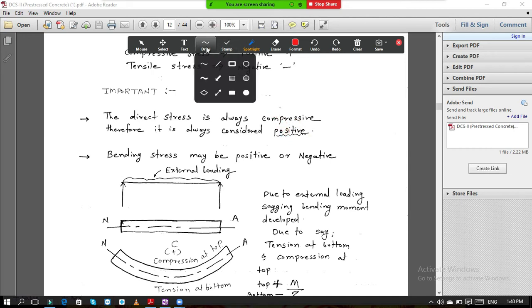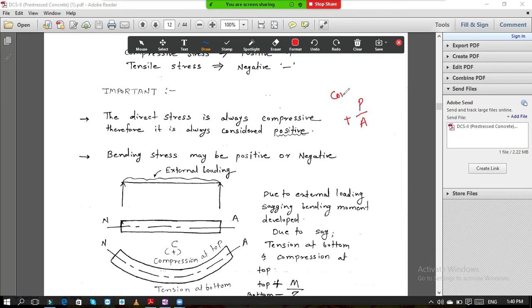So our direct stress value P by A is always positive because it is always compressive. Next is the bending stress. The bending stress may be positive or negative.